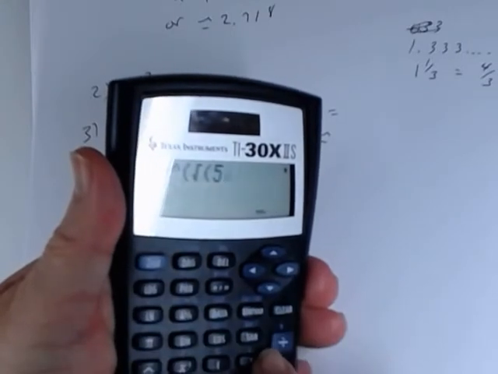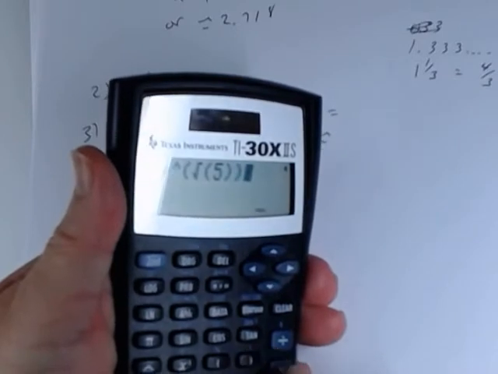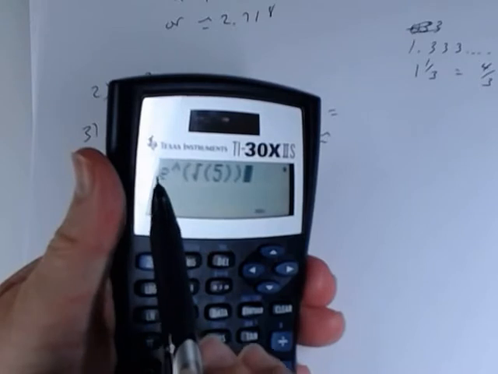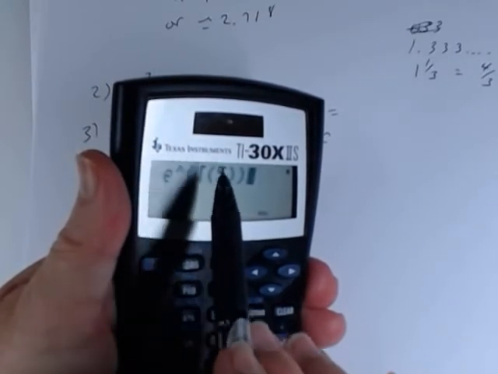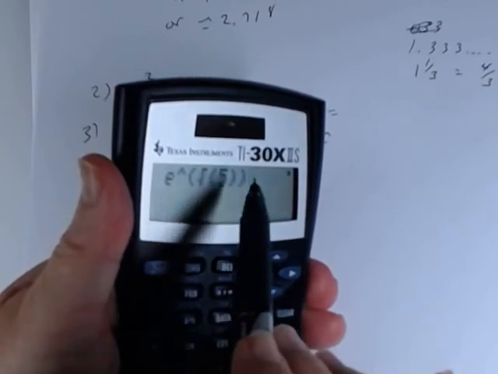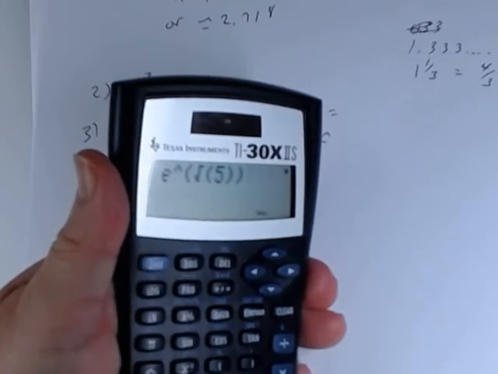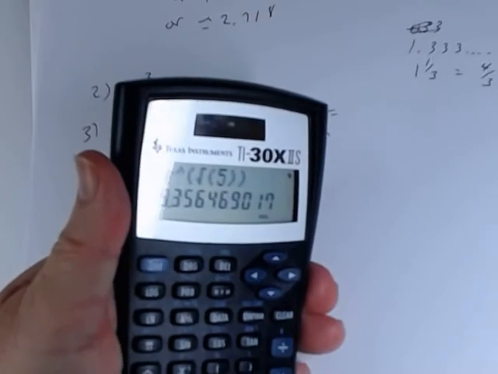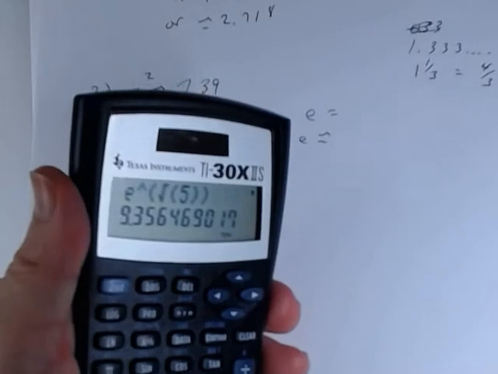Close that square root, and then I got to close the exponent. So you have to say second e, and then to get the square root, second x squared, and then close both of those. See those open parentheses? You got to close them. Then press equal. Did y'all get this? 9.36. Make sure you see that.